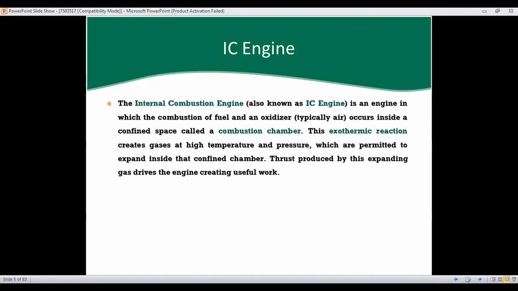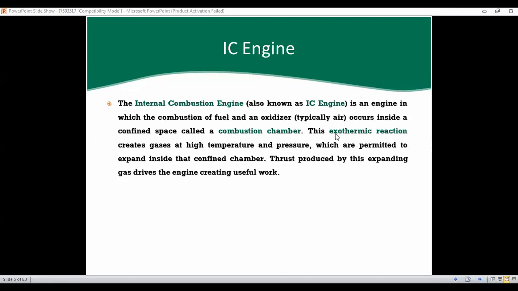Without oxygen, fire can't be generated. So air is used as the oxidizer.